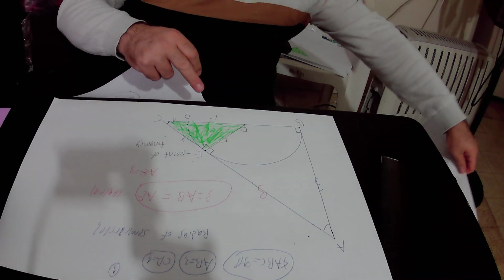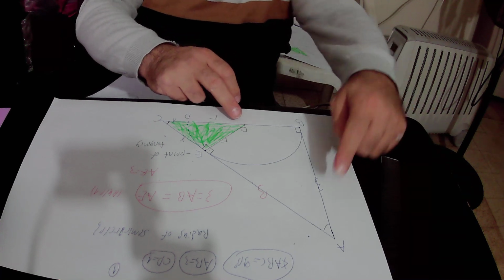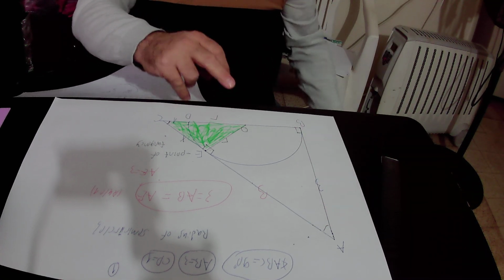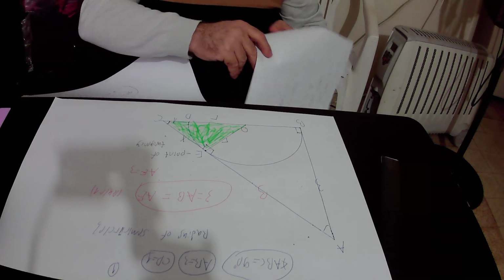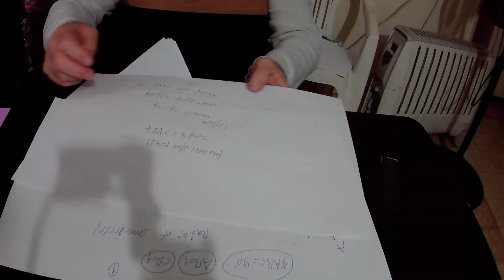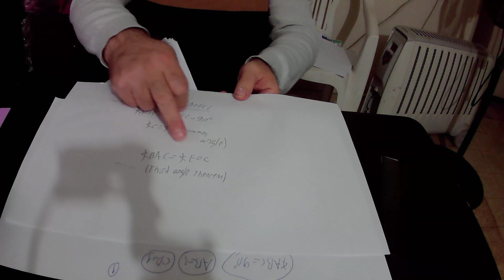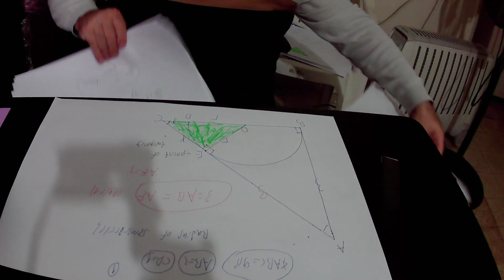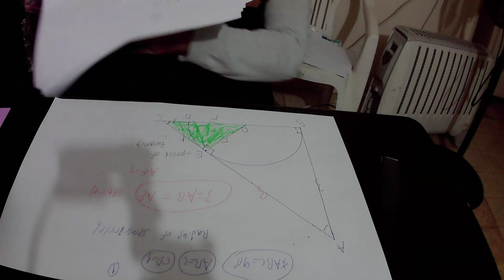And we also know that those two angles also equal each other according to the third angle theorem. Actually, angle BAC equals angle EOC according to the third angle theorem. So what is the third angle theorem?